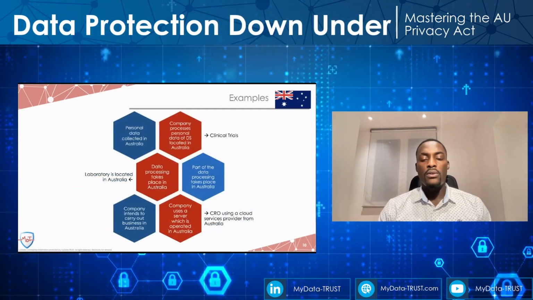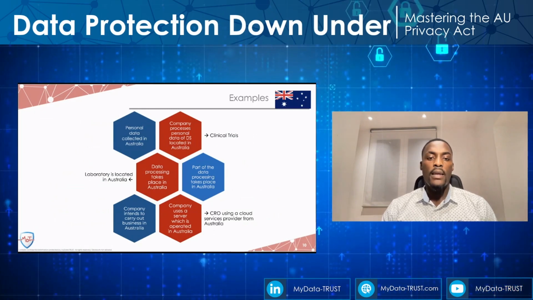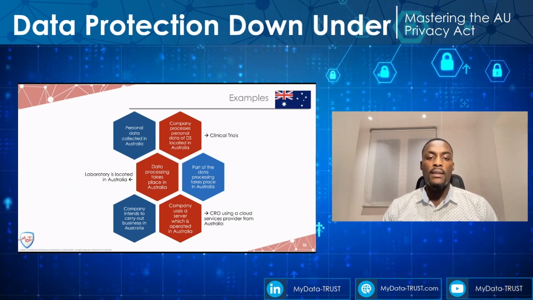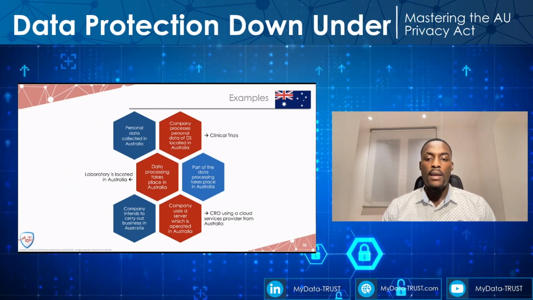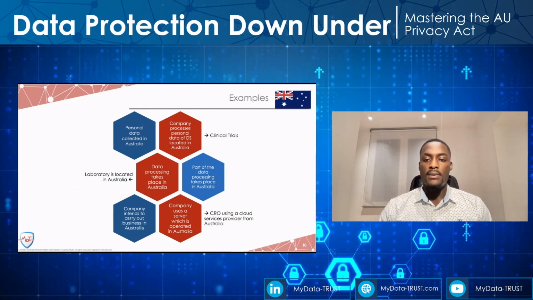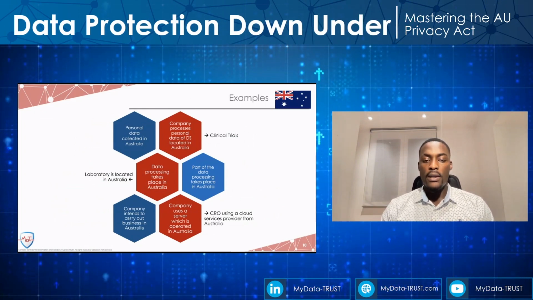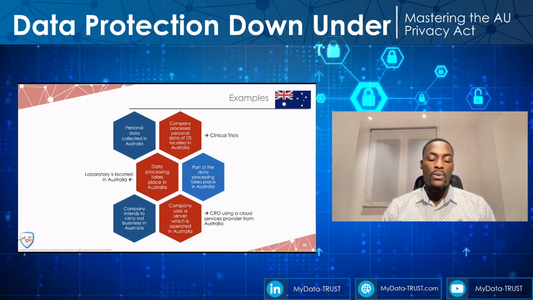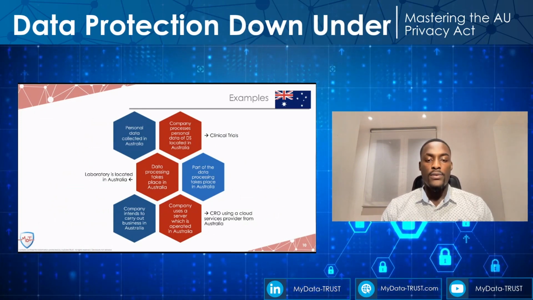Basically, your organization will be subject to the law if it processes personal data that was collected in Australia, if part of the data processing takes place in Australia, or if the company intends to carry out business in Australia.